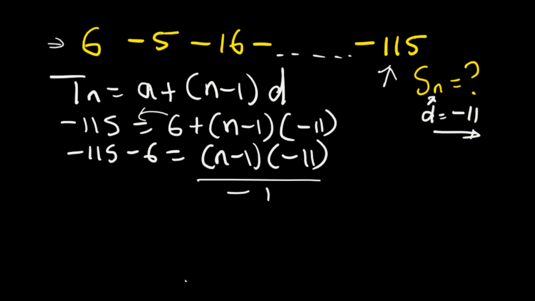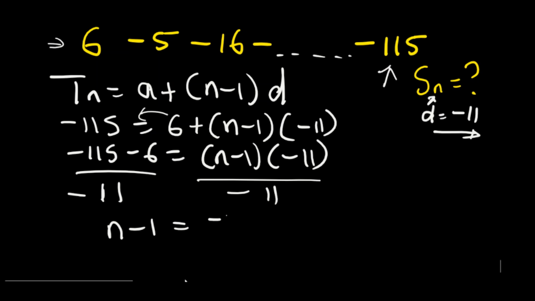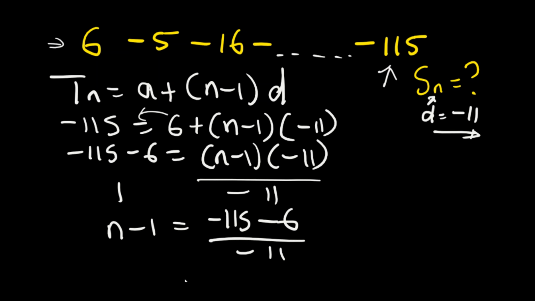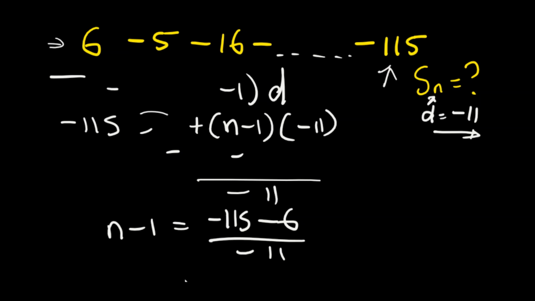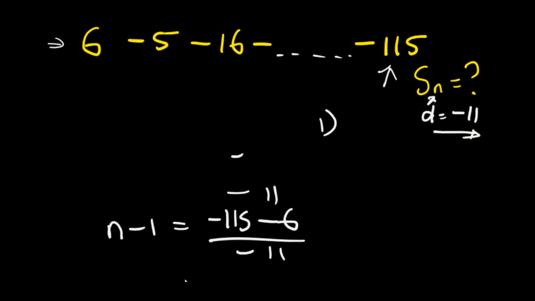And then we divide by minus 11 on both sides. Then we have n minus 1 equals minus 115 minus 6 over minus 11. Now we transpose the minus 1 to the other side.